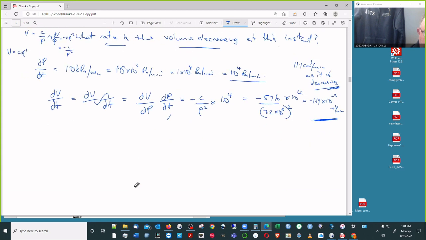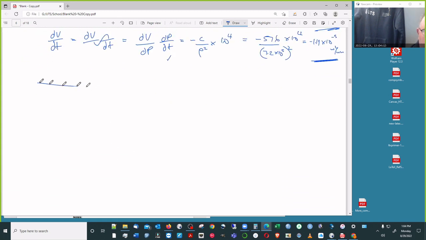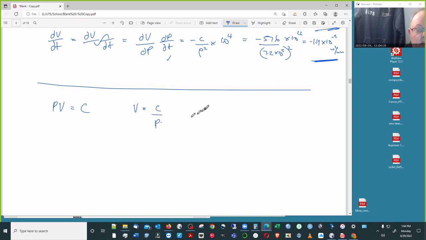Okay, so dV dP, we started off with an equation where the product of the pressure and the volume is a constant. So all we're going to do, and this is a change of units, this is no different to some other thing, alright? So what we want is the volume. So the volume is equal to C over P. Okay?